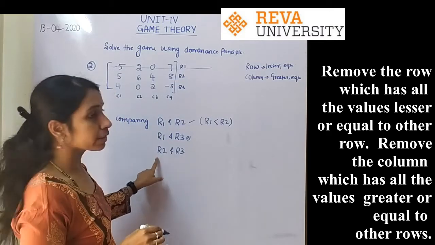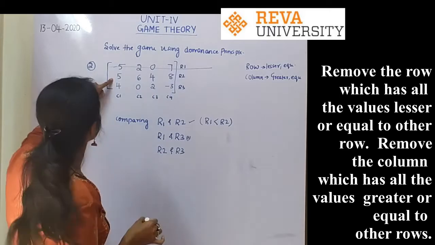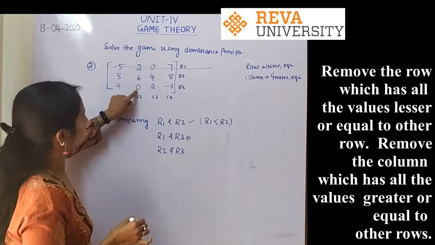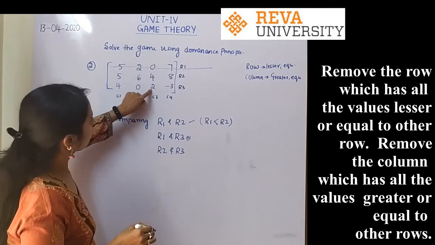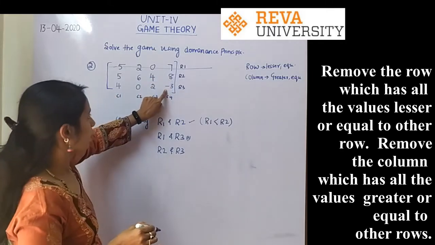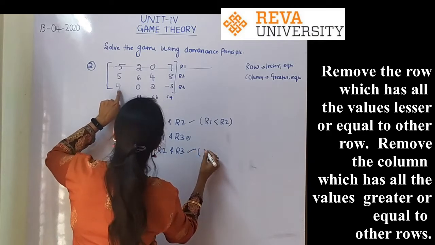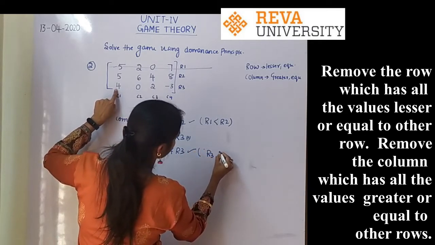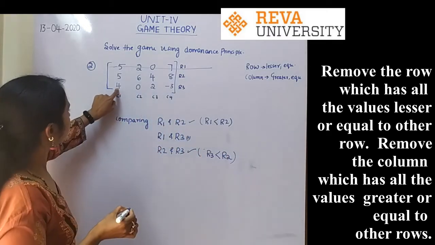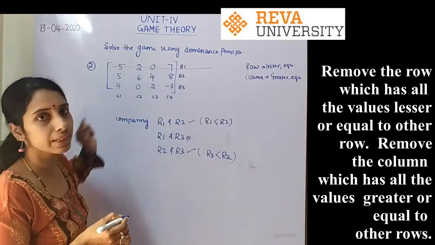What is the one more option? R2 can be compared with R3. 4 is less than 5, 0 is less than 6, 2 is less than 4, -3 is less than 8.